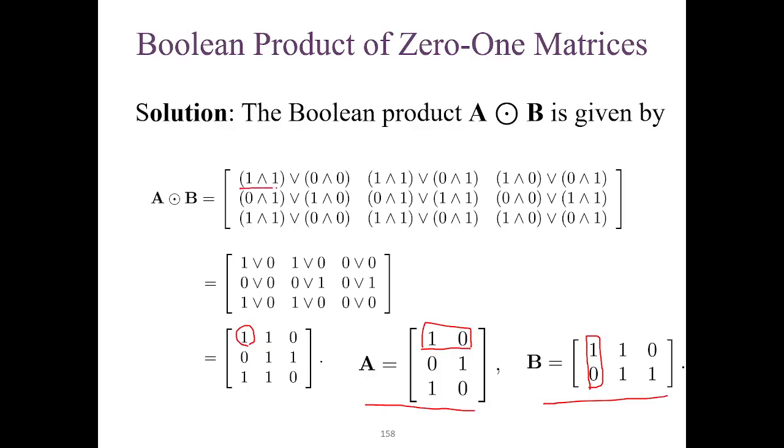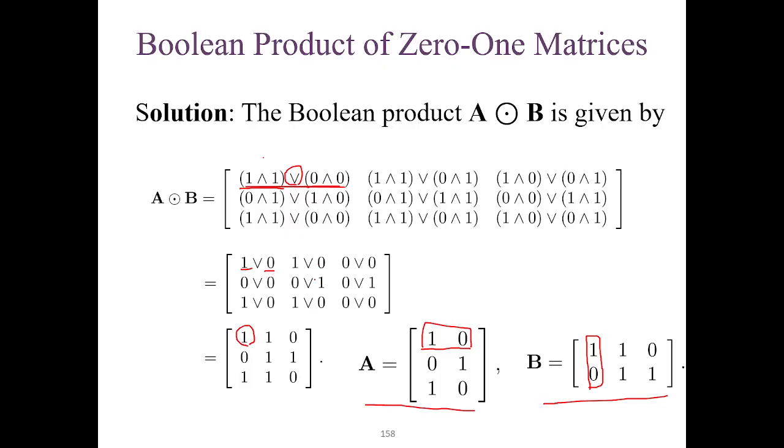We use the meet operation, the AND operation, then 0 and 0, AND, and then we OR these results. 1 AND 1 is 1, 0 AND 0 is 0, and we OR 1 and 0, which is 1.